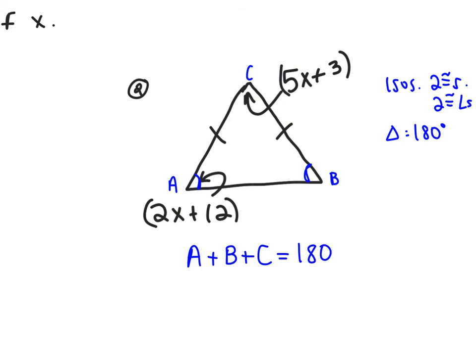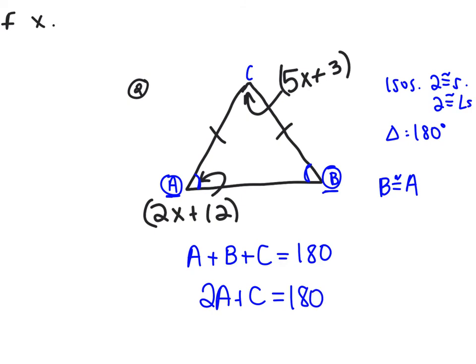Okay, I know that A and B are congruent. So I can actually combine these together. What I'm going to do with that, I'm just going to say 2A, because again, B is congruent to A. So we can say 2 of our A's, A and then the congruent angle, plus C is equal to 180.